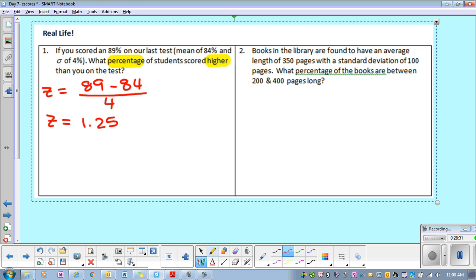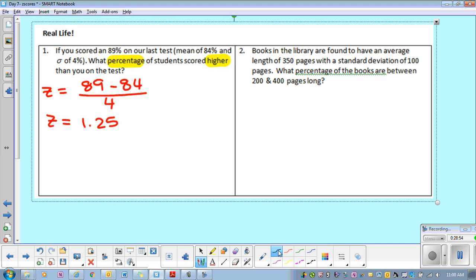1.25. So what is the probability here? Go to your table for 1.25. What do you get? 0.8944.